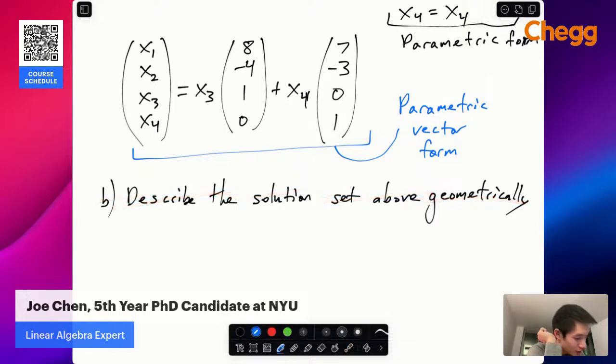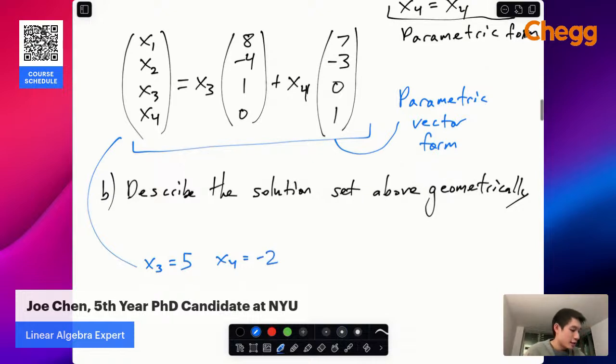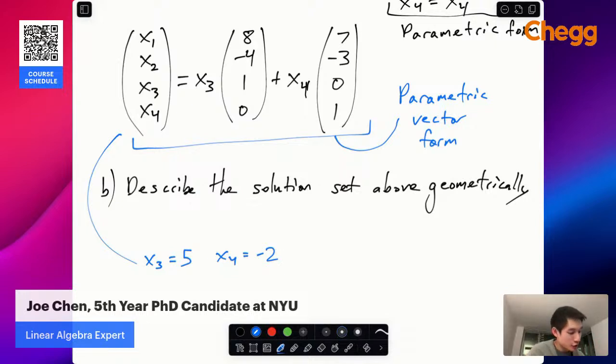So suppose I can plug in any numbers I want. Let's just say x3 is 5 and x4 is 2. Just any numbers. Maybe -2. Maybe that will make my life a little easier. And for whatever numbers I pick, I can plug it in and get a solution.